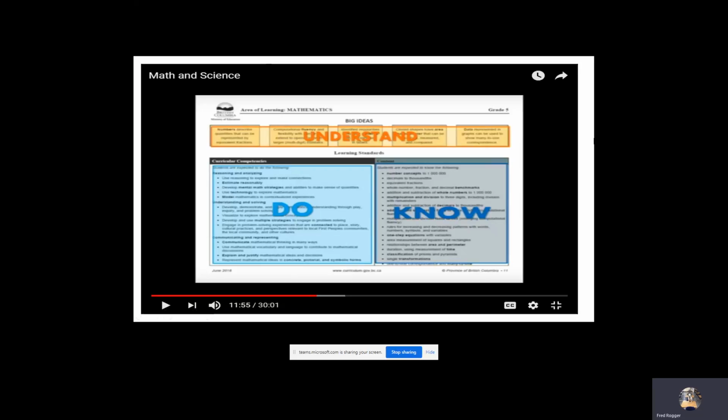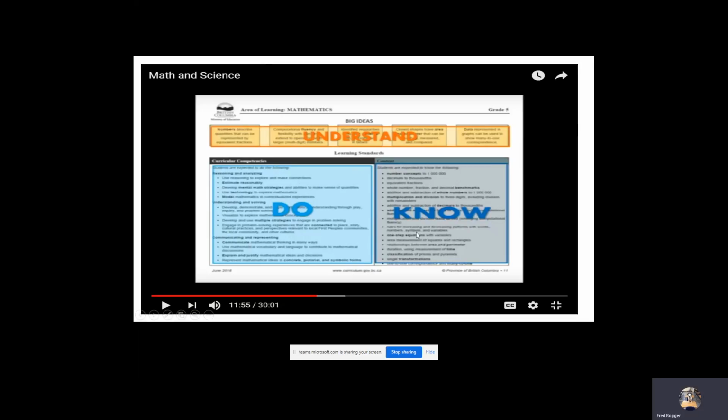The big ideas are the broad topics in your class, possibly related to hinge questions if you were talking Dylan Wiliam. The curricular competencies here are what kids are doing, the skills that they are supposed to gain from your class.